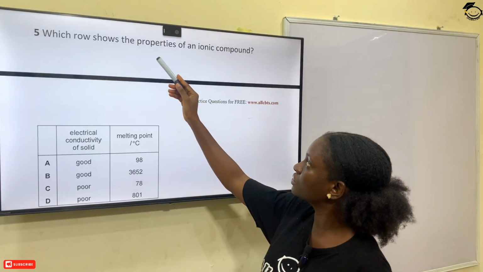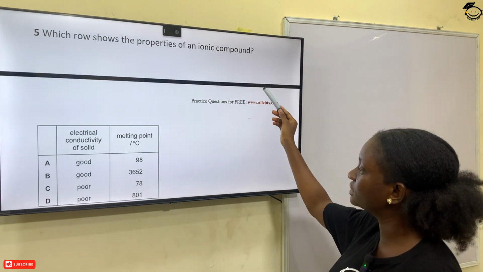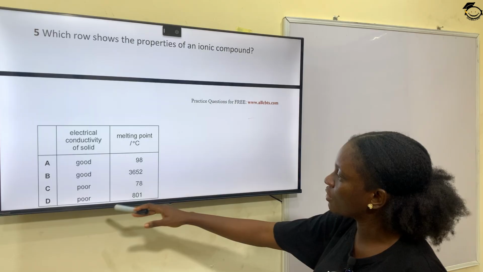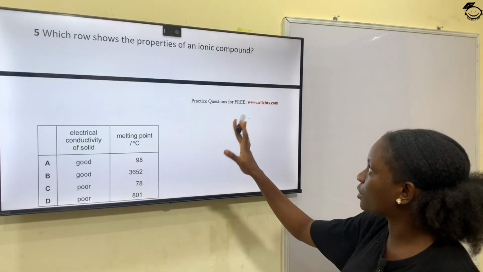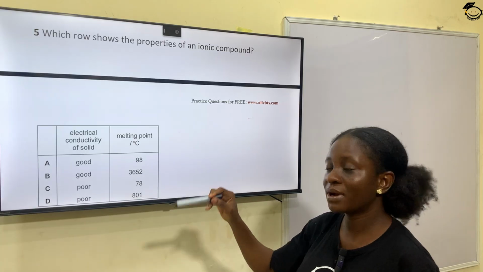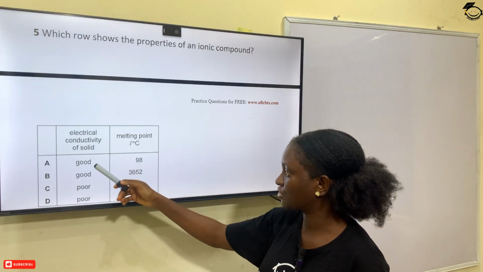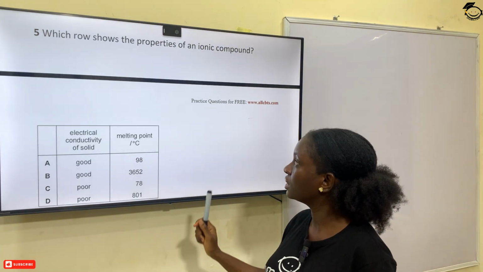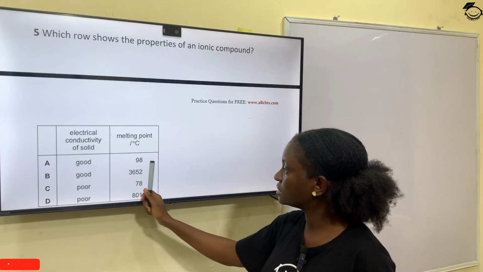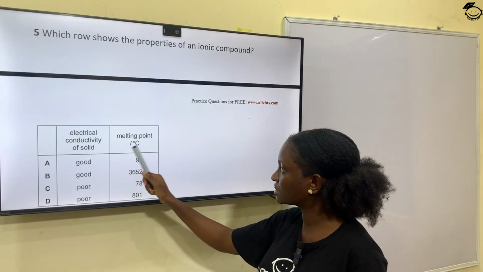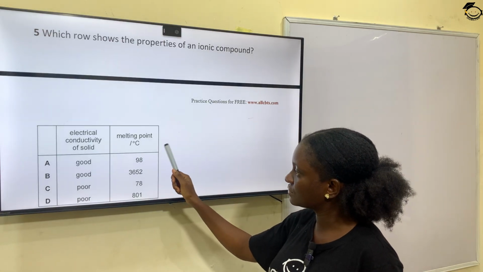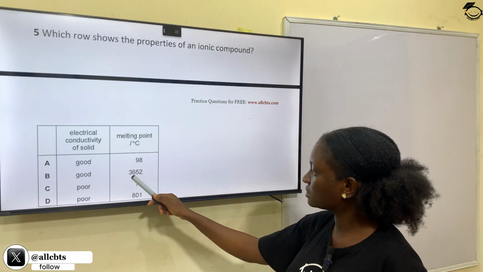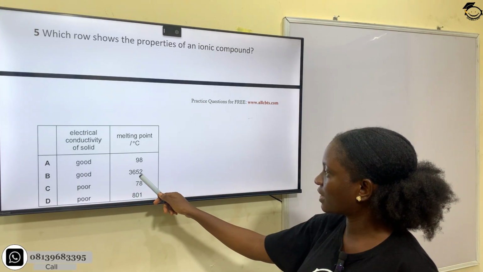Question 5. Which row shows the properties of an ionic compound? Looking at the table, which of these options have the properties of an ionic compound? Ionic compounds are poor conductors of electricity as solids, and another thing is that they have a very high melting point. So option A, good electrical conductivity of solid, and 98 degrees C. Then B, good, then with this 3652.